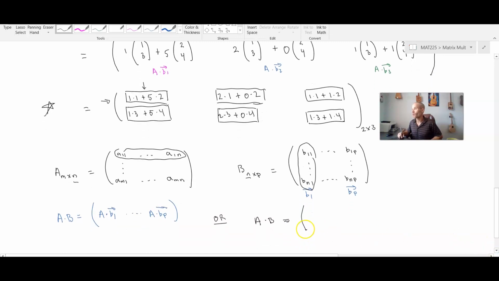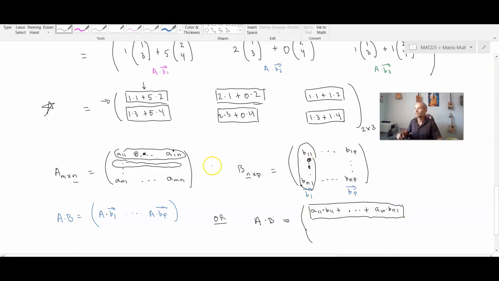It can get quite messy, so we won't list out all of the products, but this first component will be A11 times B11 plus A12, which would be the second element here, times B12 plus A13 times B13 plus etc. until we get to A1n times Bn1. And similarly, we would do the same thing with the second row of elements. We would multiply that by B11 through Bn1. And this, remember, is just one value right here.